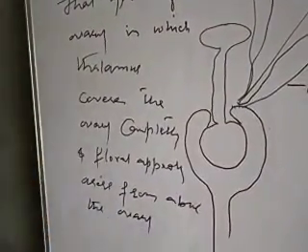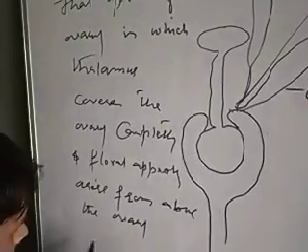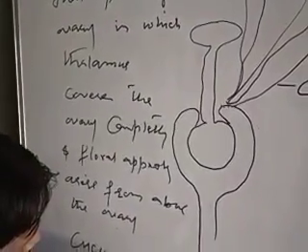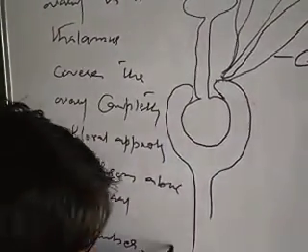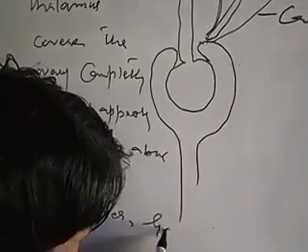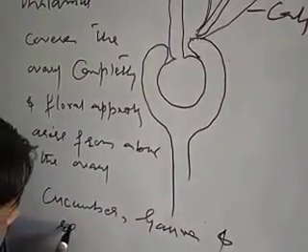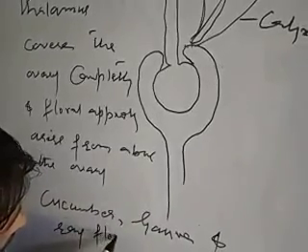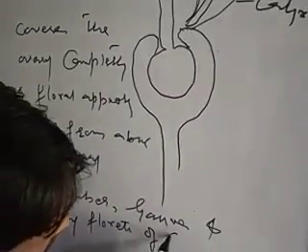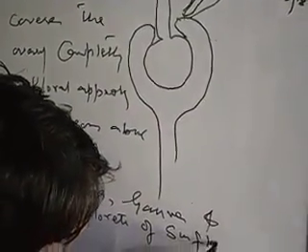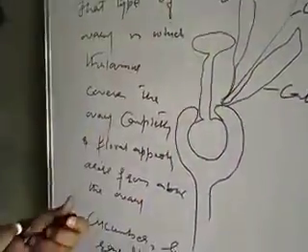The examples are cucumber, guava, and ray florets of sunflower. This was the epigynous type of ovary.